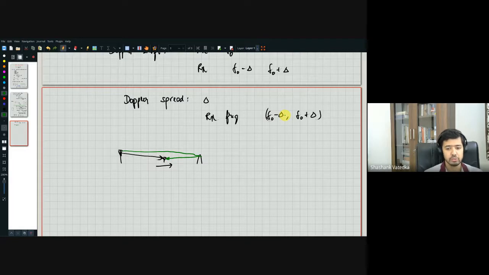So the faster you move, the higher the Doppler spread is going to be. The slower you move, the lower the Doppler spread is going to be. Okay, and this holds even if the reflectors are in motion. So it's possible that the transmitter and the receiver are stationary with respect to each other, but if you have many reflectors which are moving fast enough, then once again you will have a Doppler spread.